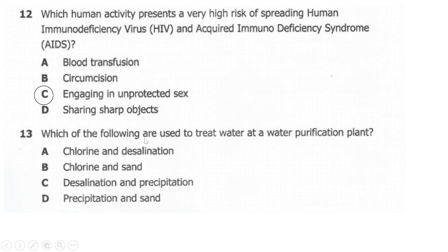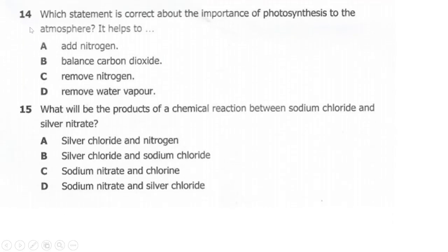13. Which of the following are used to treat water at a water purification plant? A, chlorine and desalination. So it's chlorine and desalination. Okay. 14. Which statement is correct about the importance of photosynthesis to the atmosphere?